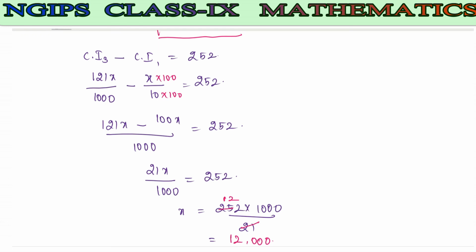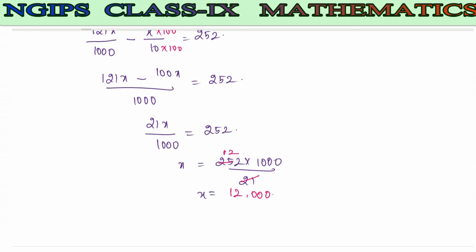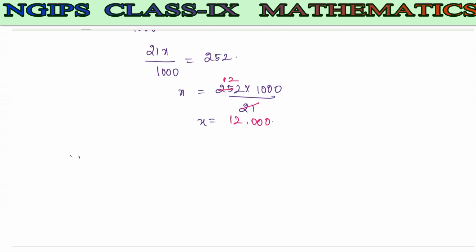Here I have taken x as the principal, therefore the required principal is rupees 12,000. So this is the final answer.